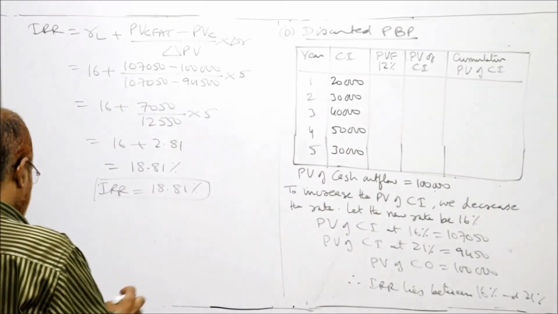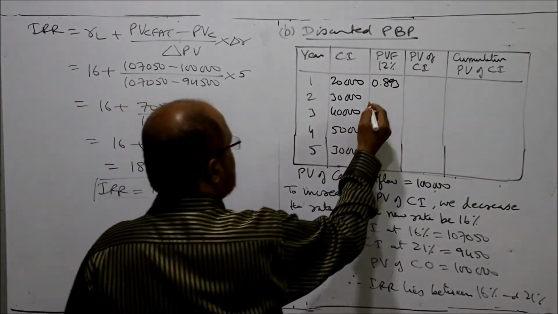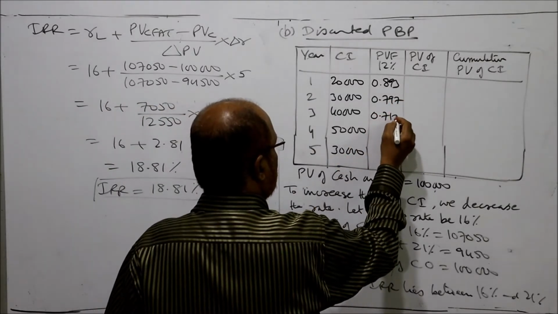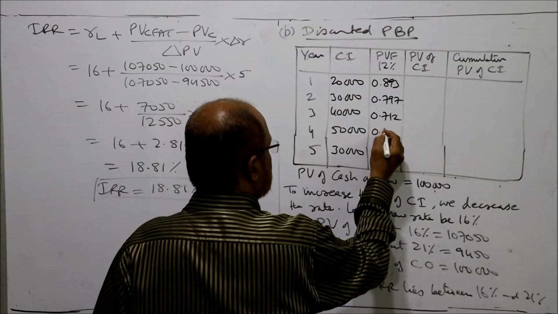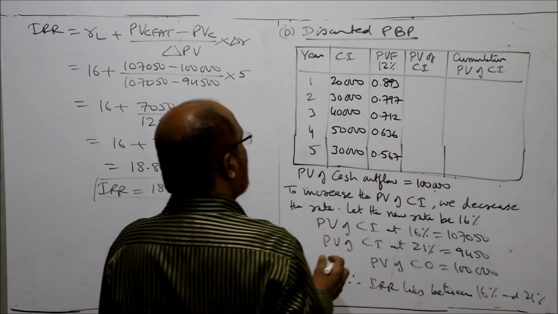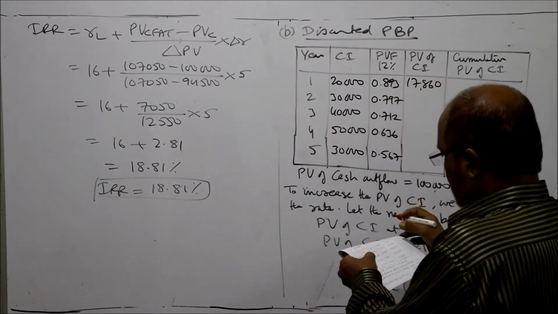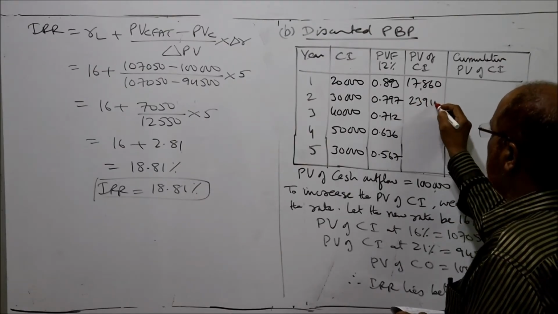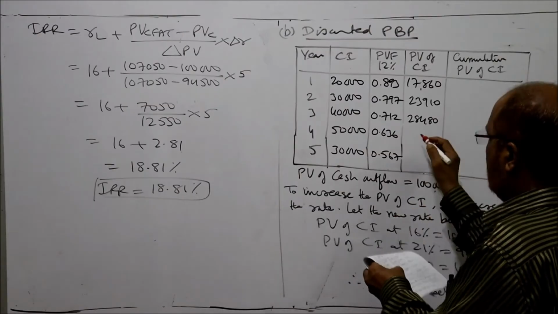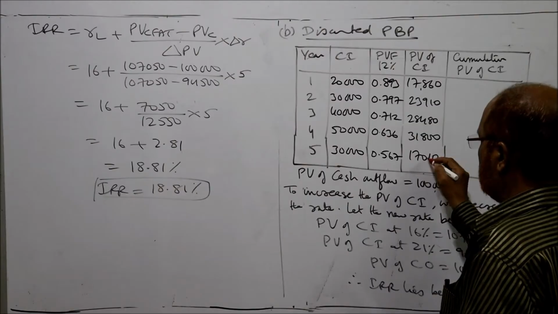Now PV factors at 12%: 0.893, 0.797, 0.712, 0.636, 0.567. Now multiply this, we'll get 17,860. Next one 23,910. Next one 28,480. Next one 31,800. Lastly 17,010.